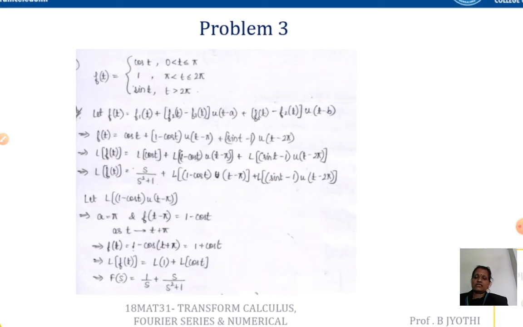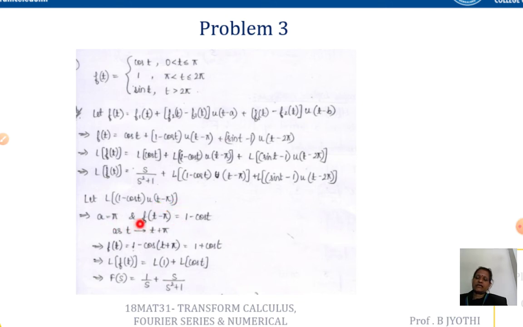Then we get L of f of t is L of cos t plus L of 1 minus cos t into u of t minus pi plus L of sin t minus 1 into u of t minus 2 pi. So L of cos t is s divided by s square plus 1. These two other terms we have to determine. Let us consider the second part, L of 1 minus cos t into u of t minus pi.